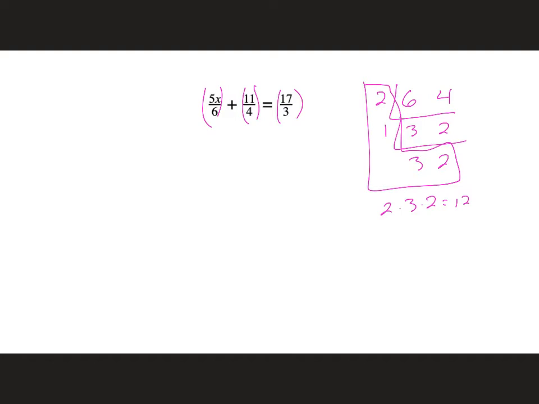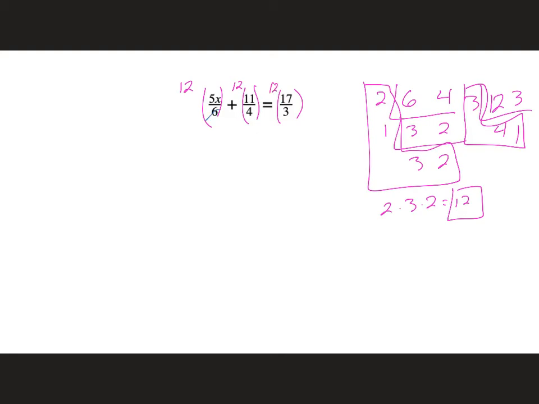And then if I put that 12 with the 3, I know that 3 goes into that. So 3 times 4 gives me 12. So what I'm going to end up doing is multiplying each term by 12.